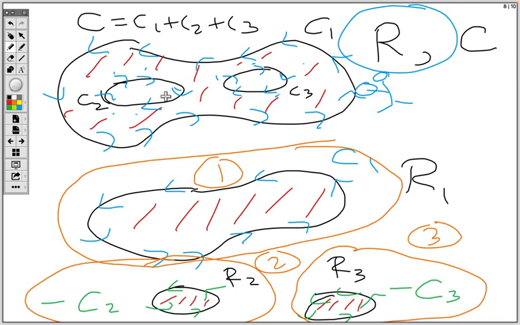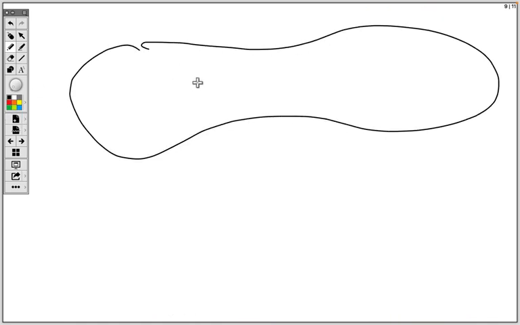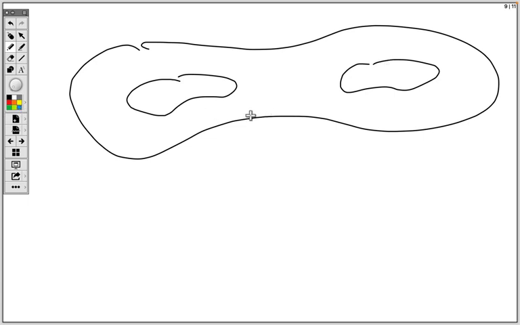Now, another way I've seen this done, which you've got to be a little careful with. Another way you can kind of see why this would work is if you have a complicated boundary like this. Once again, I'll try to do it correctly this time. So once again, imagine walking on these curves.